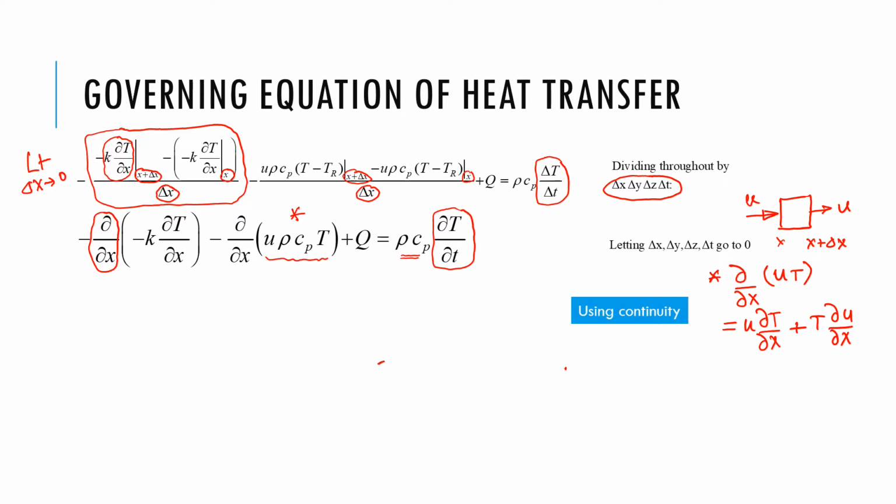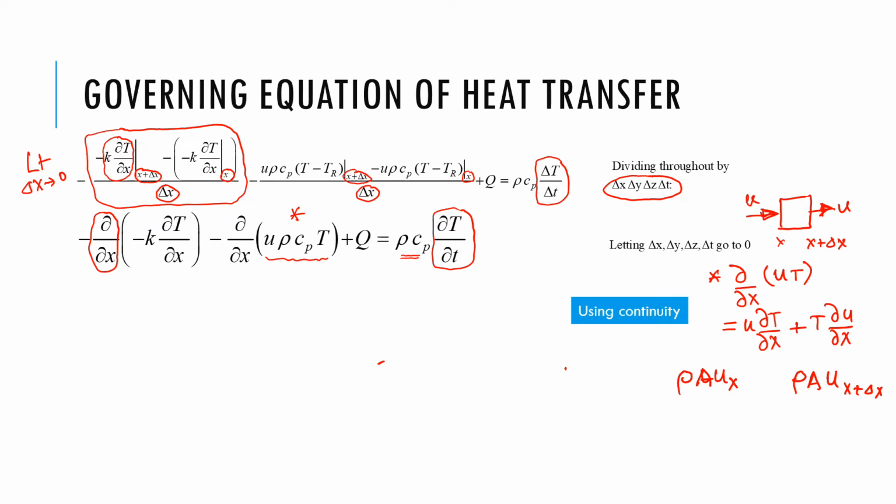If we multiply by rho, then it's the mass flow coming in. And likewise on this side, rho A u at x plus delta x is the mass flow going out of the control volume. What's coming in is rho A ux.